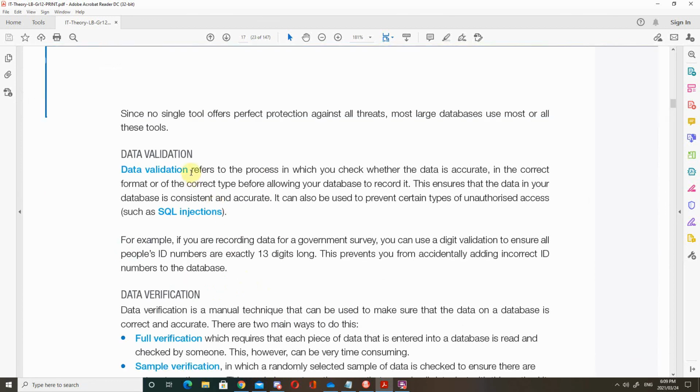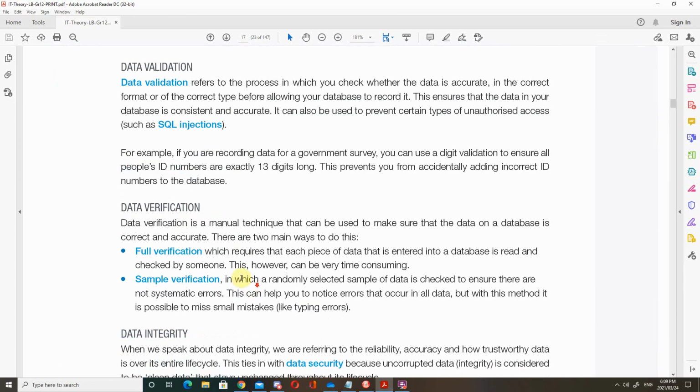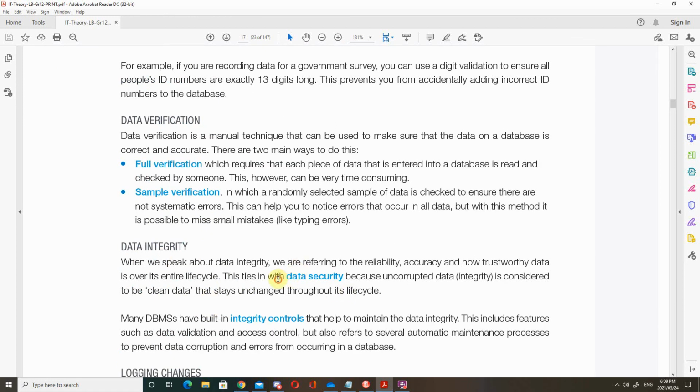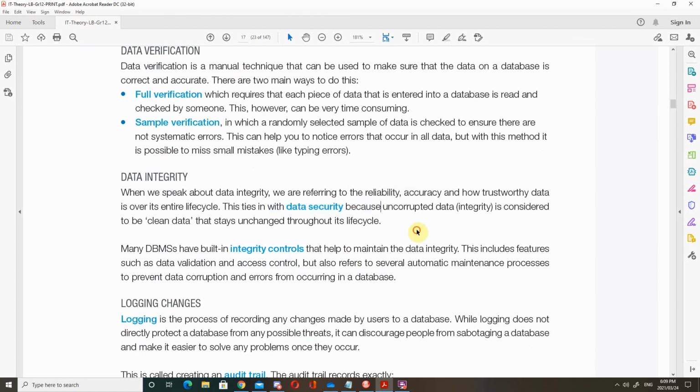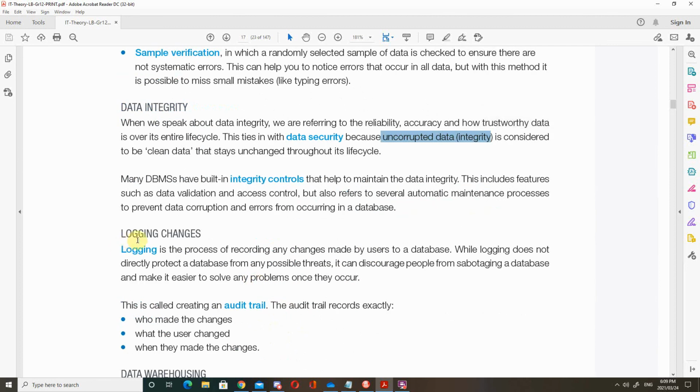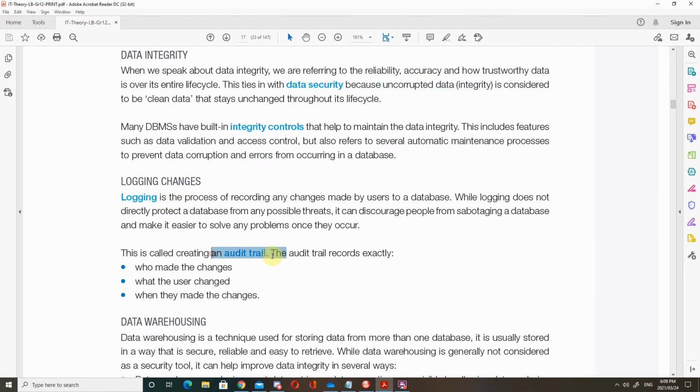Okay, so validation, we discussed. Verification, we did. Integrity, data security, to make sure that the data is not corrupted. Logging changes is our audit trail that keeps track of who made the changes, what changes were made, and when it was made.